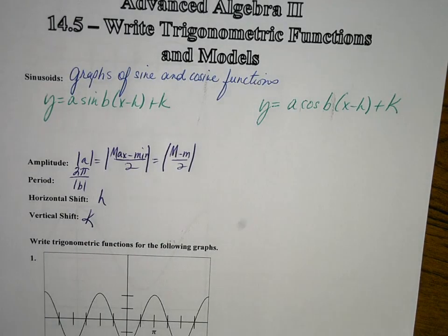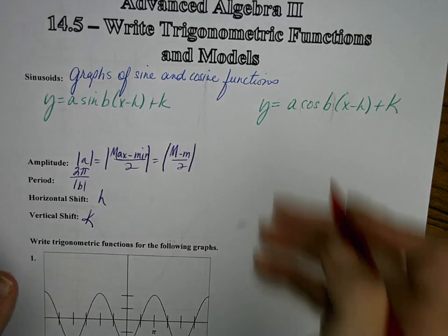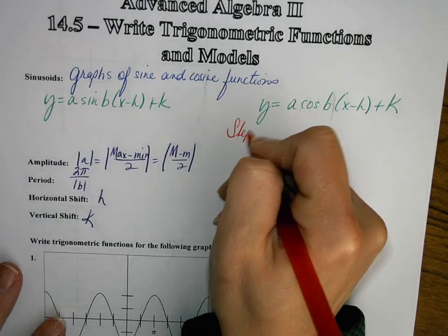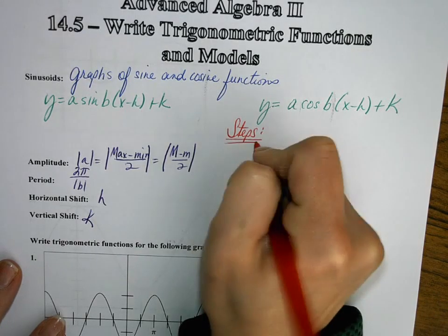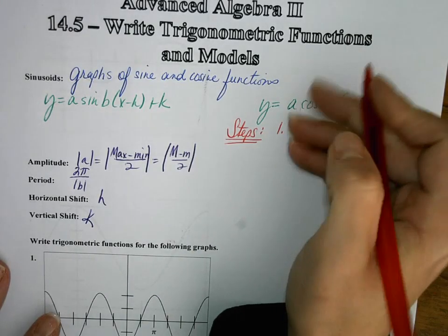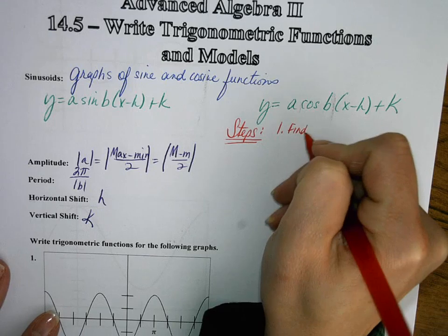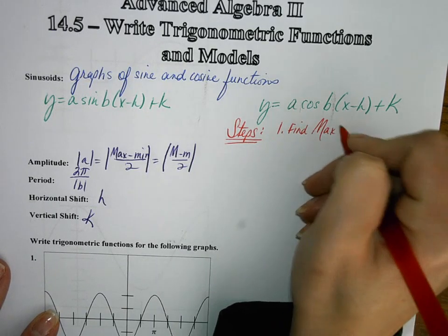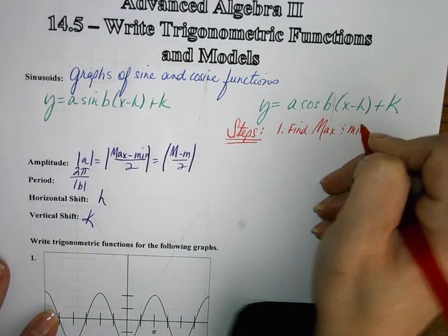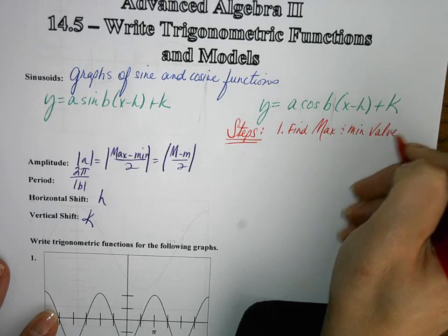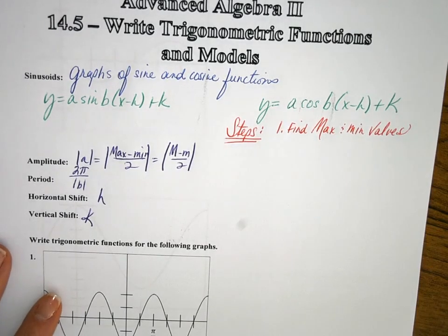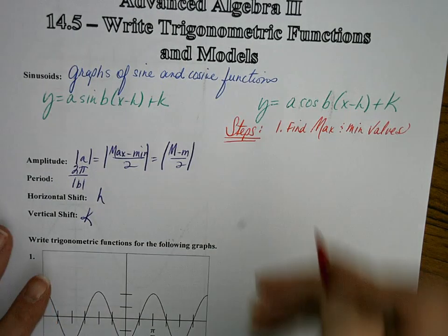All right, now, for some of you, you're going to be happy with this. There is a recipe. There is a very nice order to be able to calculate to find the model. All right, so the steps for finding my model. First thing I need to know, I need to find the maximum and the minimum values.